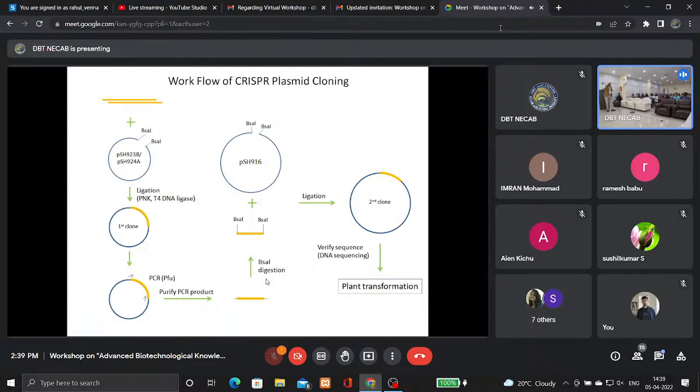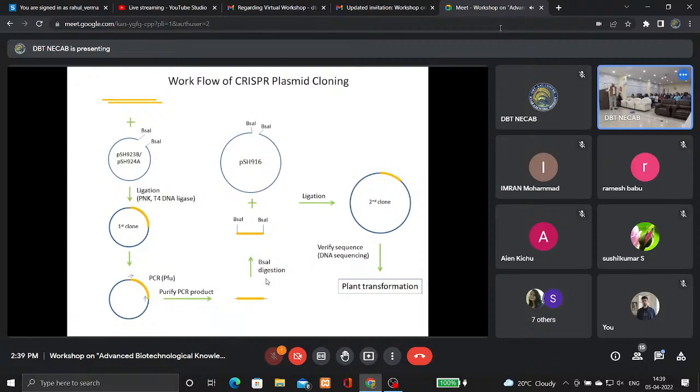When we designed these vectors and the different restriction sites, we incorporated BsaI sites, because BsaI is used as the restriction enzyme. The vector has BsaI sites and so does the PCR product. When we digested 916 and my PCR product with BsaI, we got digested products and then ligated them. Finally we get the second clone, the guide RNA cloned into the binary vector.